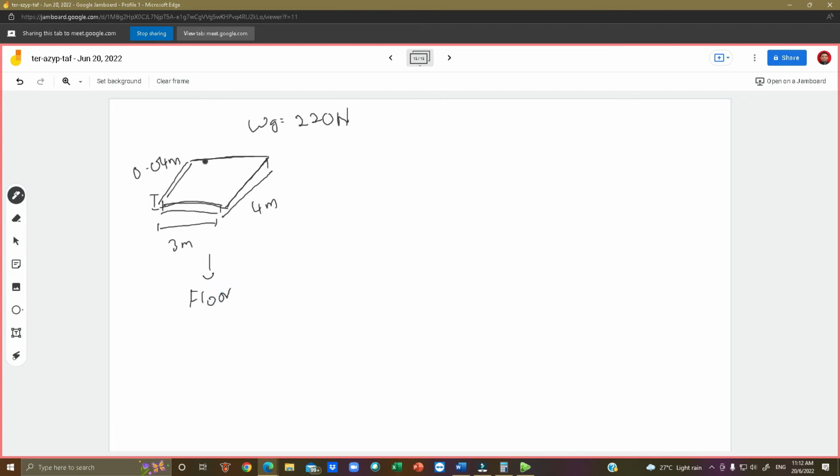Setiap keping ni bagi berapa banyak tekanan kepada lantai? Silakan. Okay, so first we need to know the area. So in order to know the area, we have length, we have width, we have height. Jadi untuk tahu area, it is equal with length times width. 3 times 4. So you have 12 meter square. So the pressure is equal with force over area where we have 220 Newton over 12 meter square.